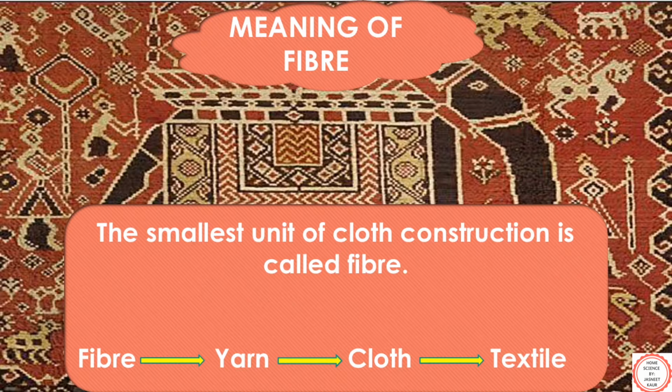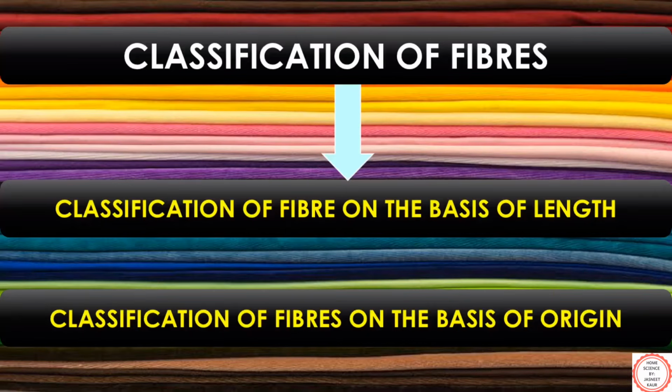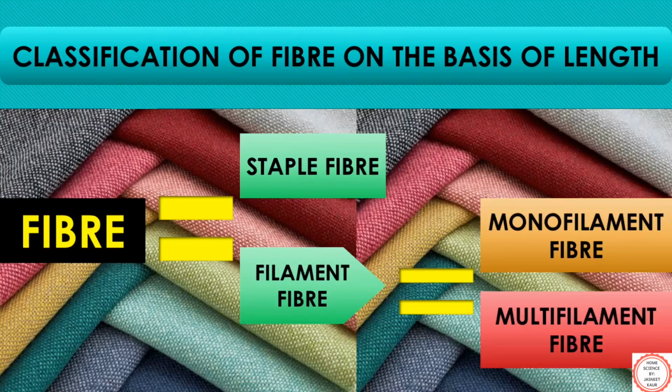After its meaning, we have discussed classification of fibers, in which we divided fibers into two categories on the basis of length and on the basis of origin. On the basis of length, we divided fibers into staple fiber and filament fiber.